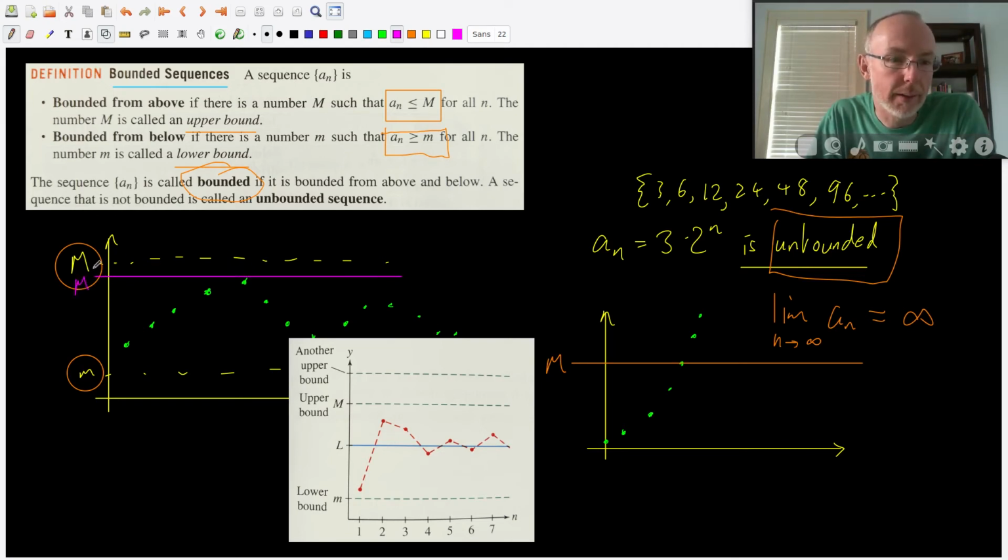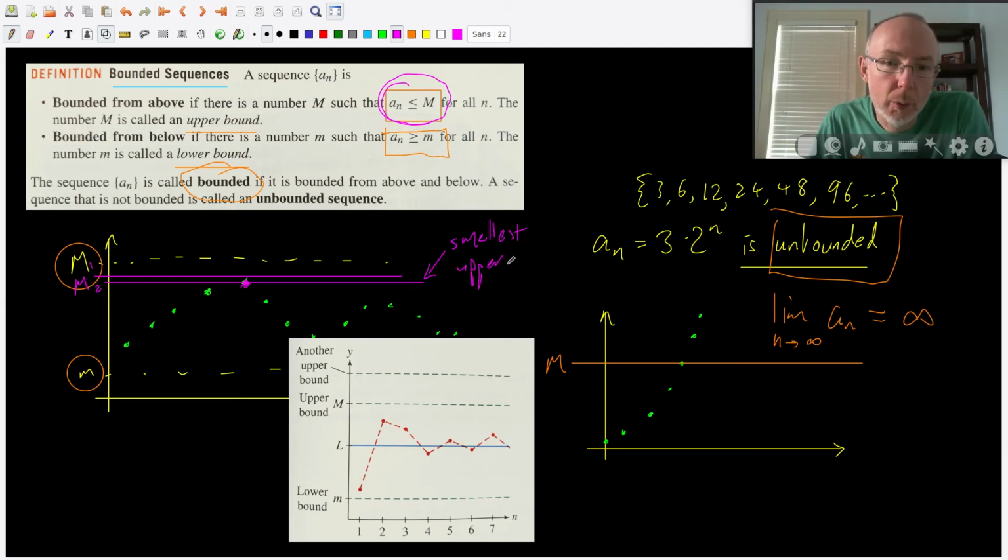I could have drawn a different M. Maybe that's M1, I could have called M2. M2 is also an upper bound, right? So there's often a smallest upper bound. The smallest upper bound I could draw is the one that went straight through that point, because the value is allowed to equal M, but it's never allowed to be bigger. So this one that I've drawn here is the smallest possible upper bound.